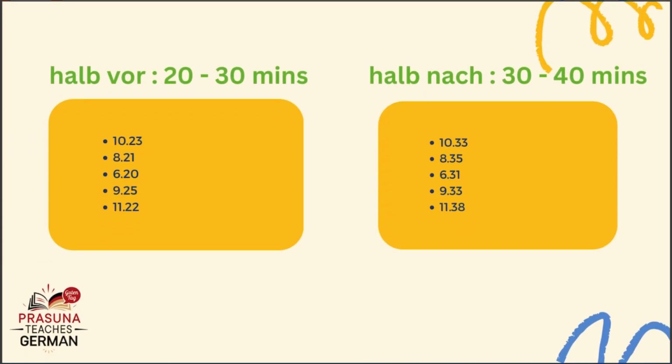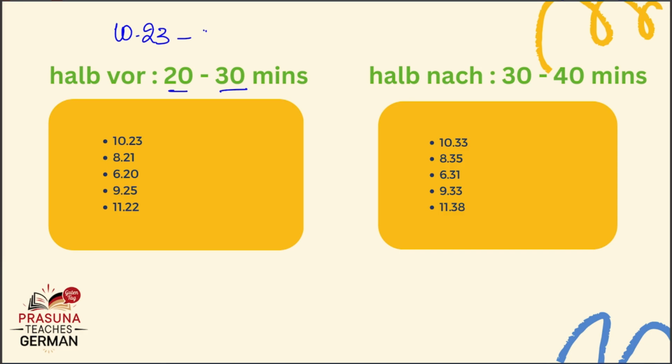How to represent the time from 20 minutes to 30 minutes? For example, 10:23 is 7 minutes before 10:30. It is nearer to the halb quadrant, so we can say 7 minutes before 10:30. You know how to say 7, you know how to say before, you know how to say 10:30.